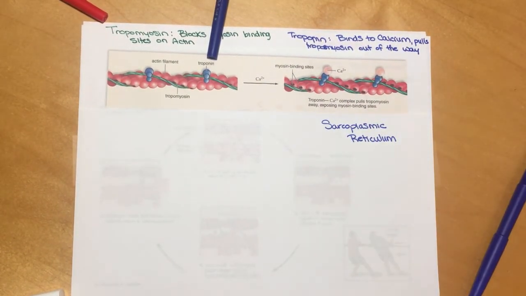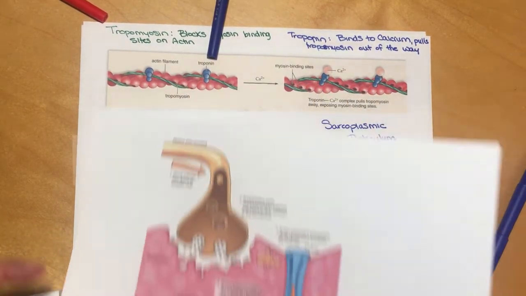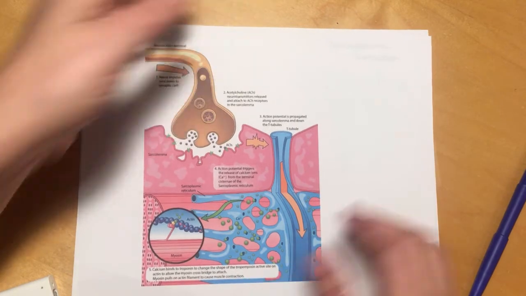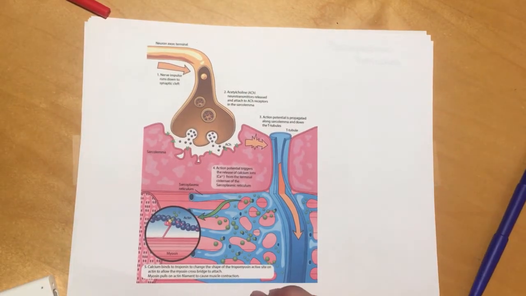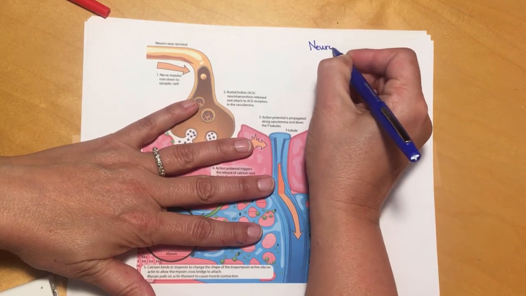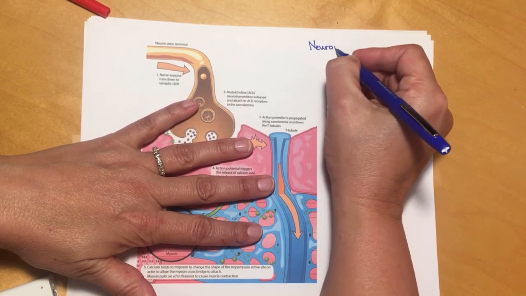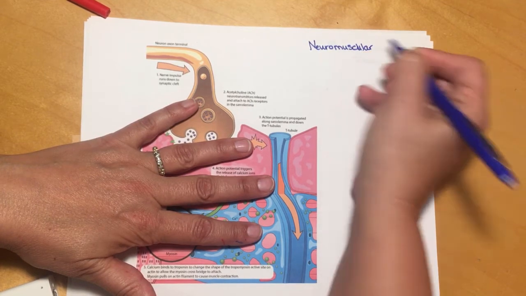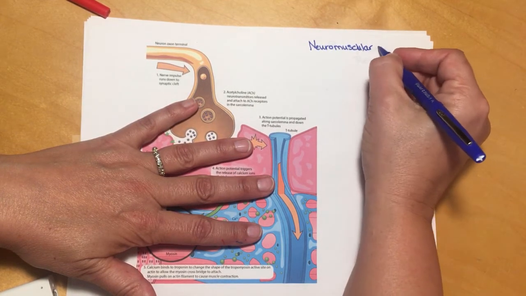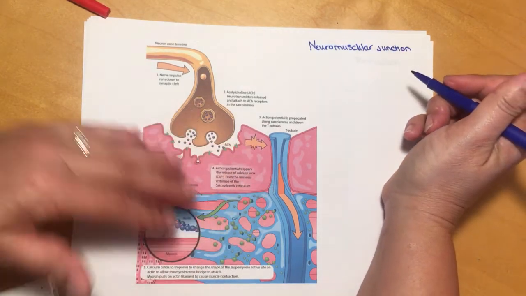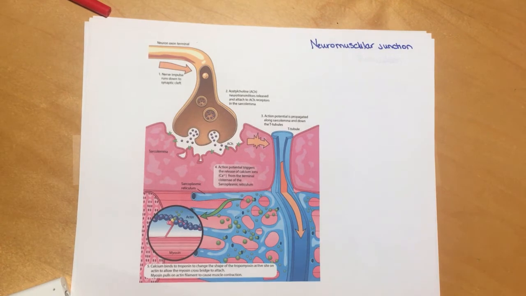Well, for that we have to go to another picture from your textbook. So this is a picture of what happens at the neuromuscular junction. Neuro means the nervous system. Muscular means the muscle. And junction is where the nervous system and muscular system meet.